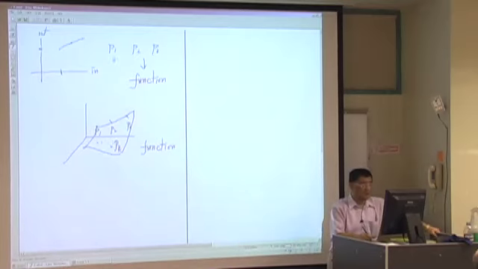And P1 can be written in this form. Usually we use x here and y here, then x1 and y1, and then x2, y2, and then x3, y3.